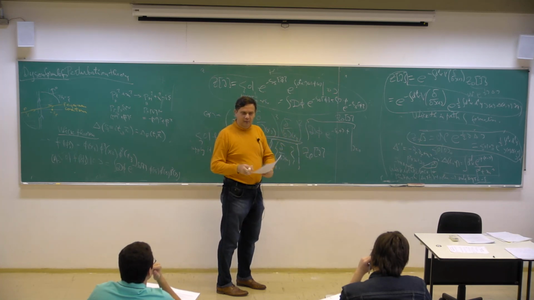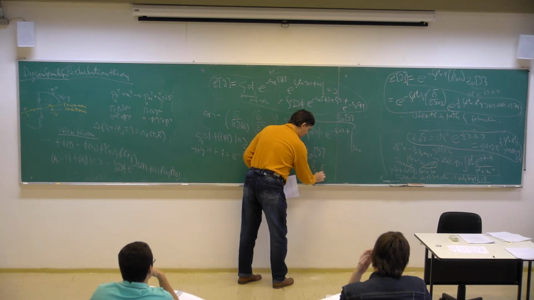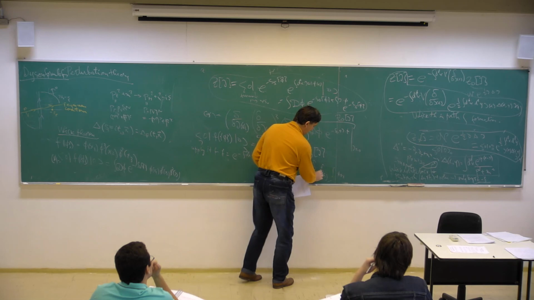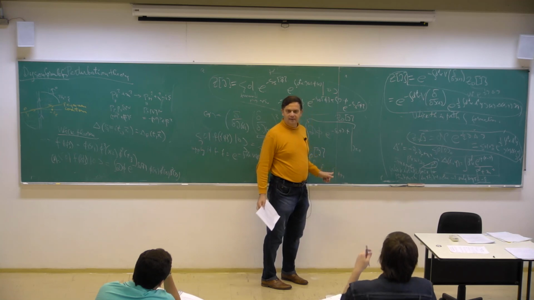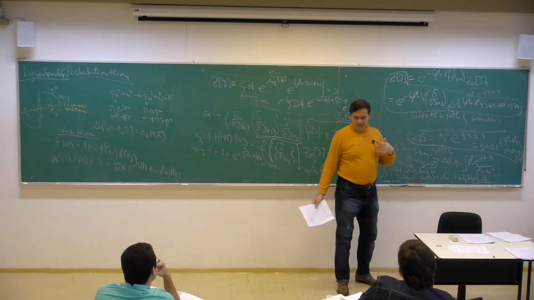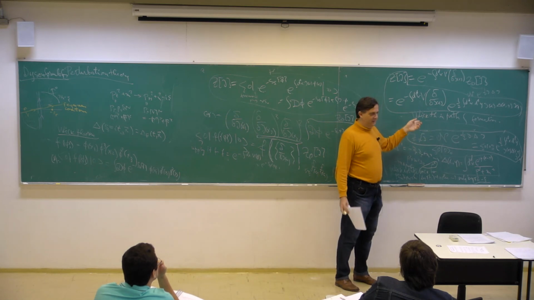It's a bit ambiguous: if I have δ/δJ of x1, δ/δJ of x2 acting on some integral with J of x, and then I put x1 going to x2, how do I differentiate here and here? There's an ambiguity in what that means. So the same thing will happen when I expand, and I will actually get infinities, and the way to deal with that would be renormalization.